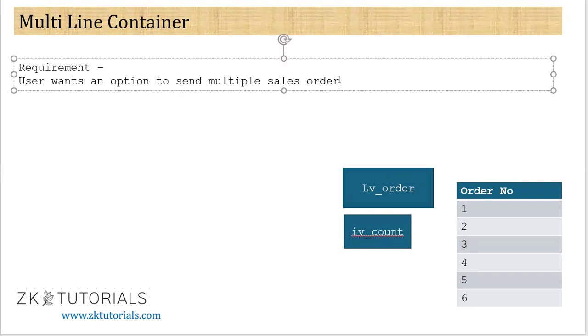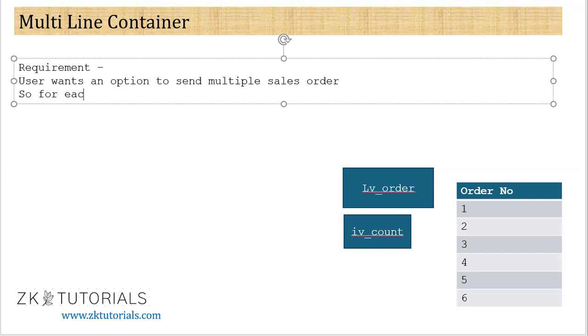So what should happen is, for each order number, one work item should be coming to the user.